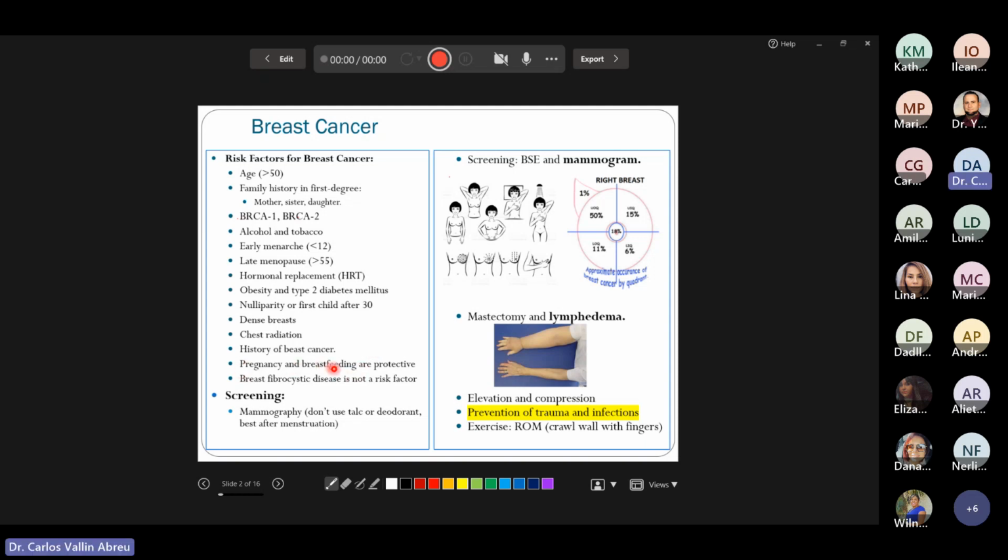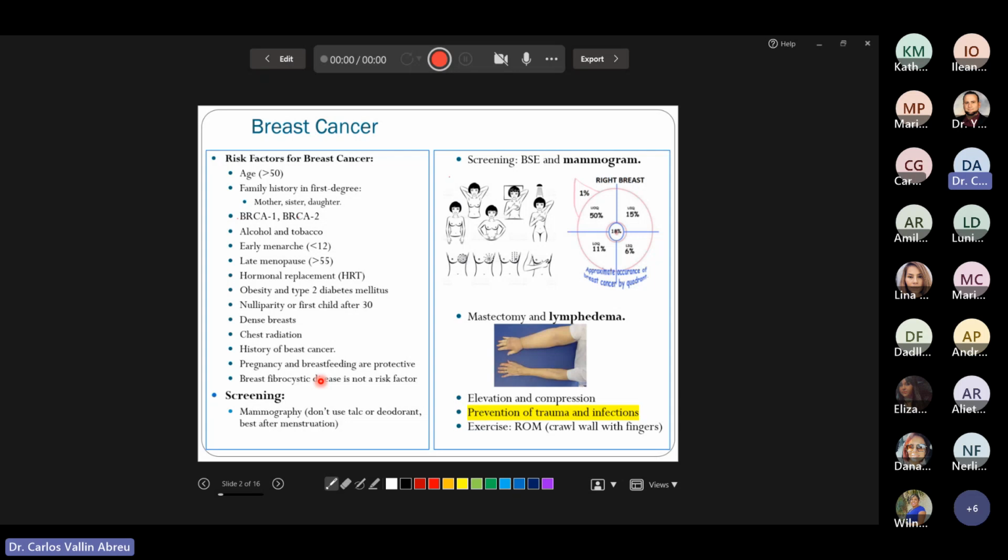Summarizing, pregnancy and breastfeeding are protective. And very important, those conditions that young women suffer a lot, like the fibrocystic breast, those lumpy breasts that become very symptomatic, painful before and during menstruation, are not a risk for breast cancer.